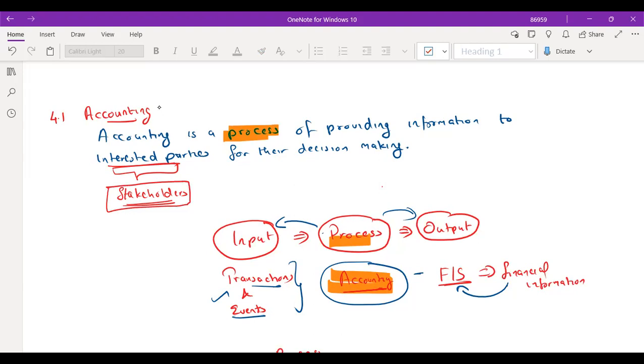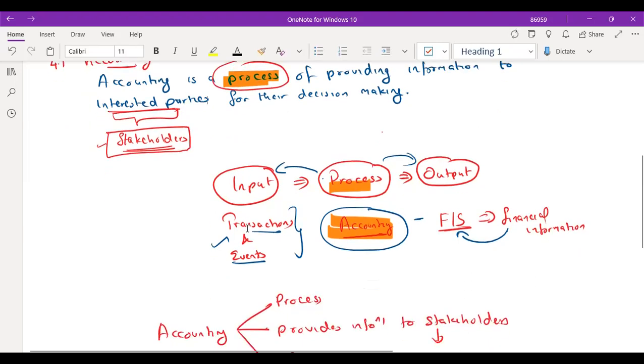So accounting is a process of providing information to whom? To these interested parties for them to make decisions regarding the business. That is the simple definition. Why have they put accounting as a process? Because if you have studied ICT in your O level, you must know this. Any process must have inputs and outputs. With regard to accounting, accounting is the process which has inputs of transactions and events.